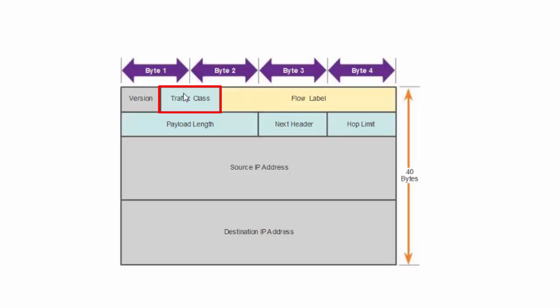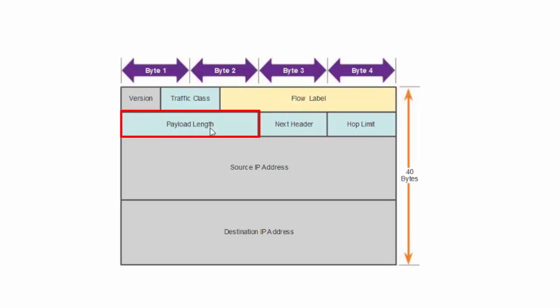So that corresponds to the differentiated services field in IP address version 4. The flow label, as we said, is 20 bits, and it's used to identify the end-to-end flow to provide fine-grained quality of service per flow for the end-to-end traffic.